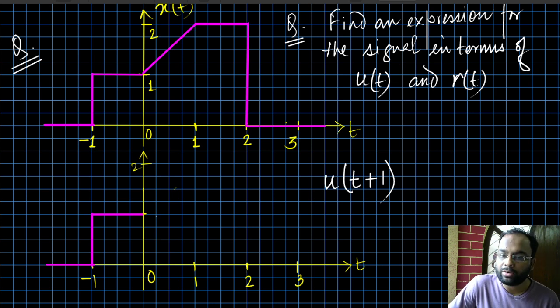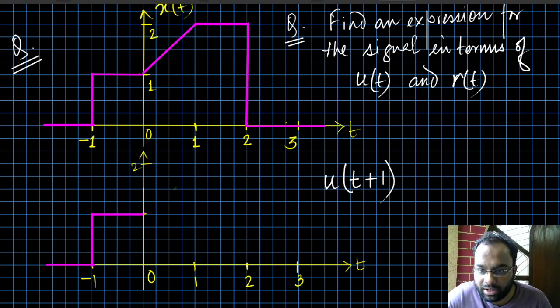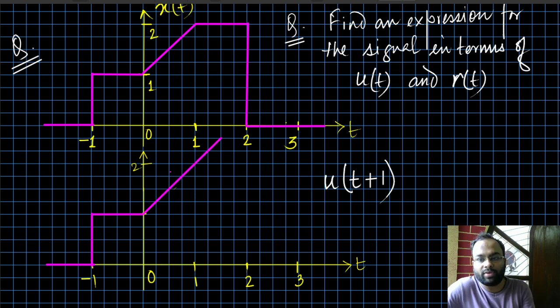So what do I have? I have a unit step added with a unit ramp at t equal to 0. So at t equal to 0, we have a ramp. And the ramp should have gone forever, right?